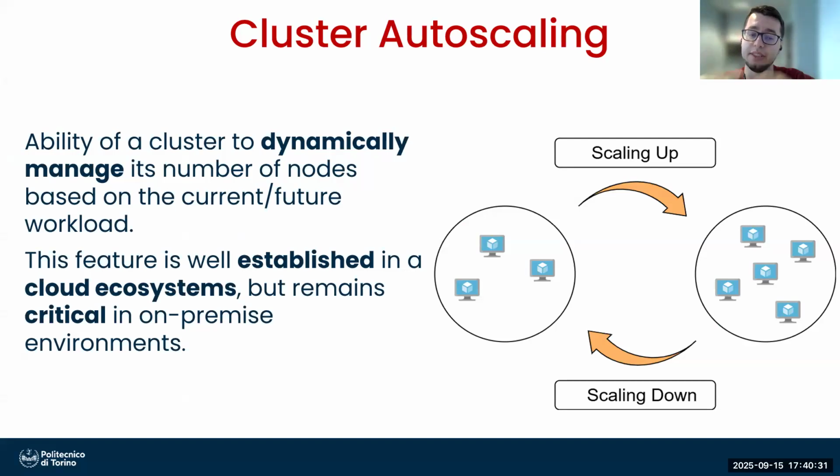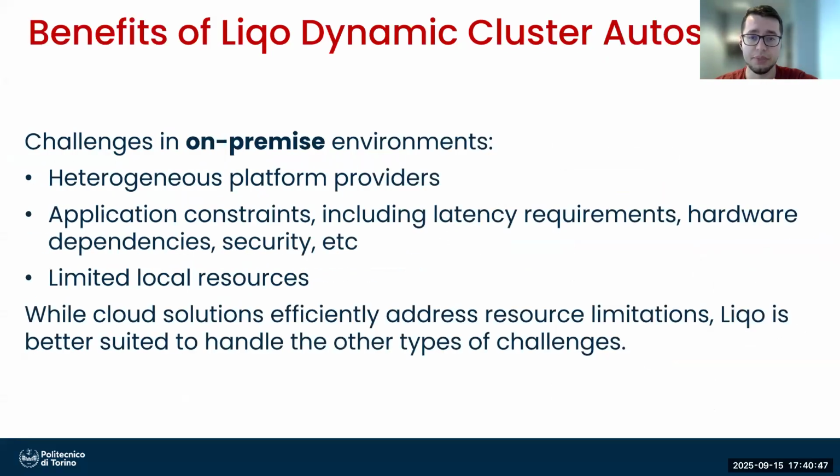This feature is well established in a cloud ecosystem, for example, for Amazon. But those cloud solutions are not so efficient in an edge environment. Why? Because the edge environments, besides the lack of resources, pose other challenges.